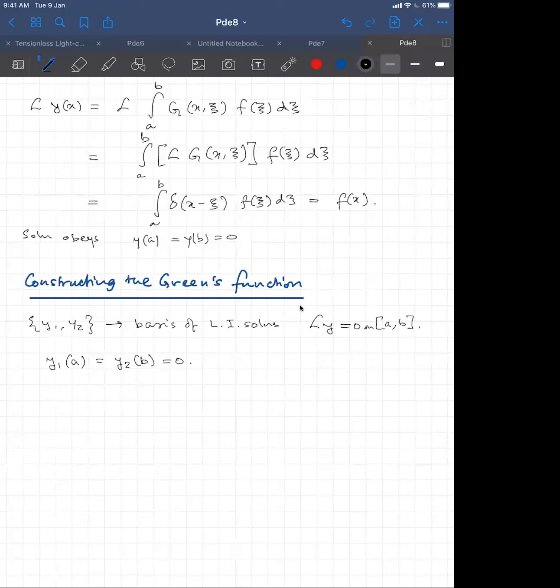On the a side, the Green's function obeys L of G equal to 0, and G of a, xi is equal to 0. Okay. This is for this one.